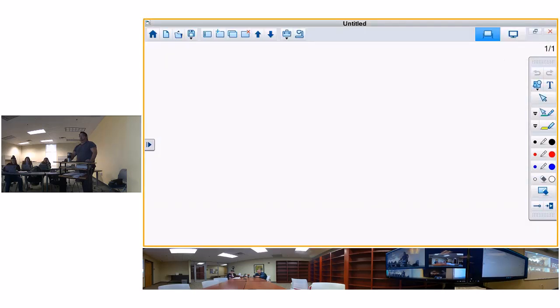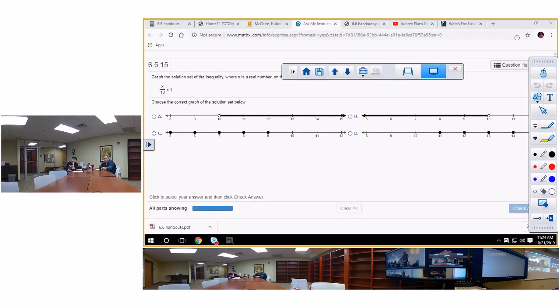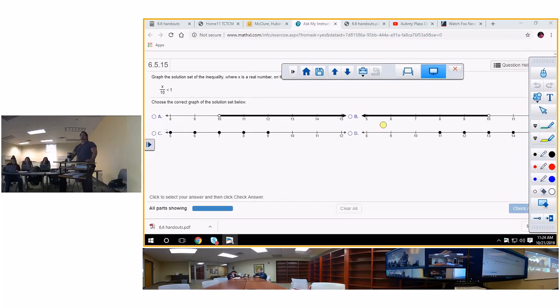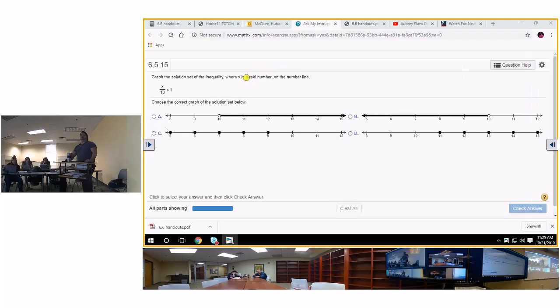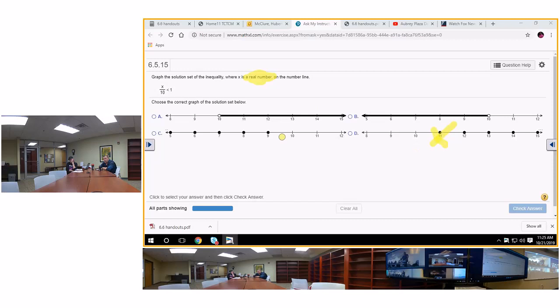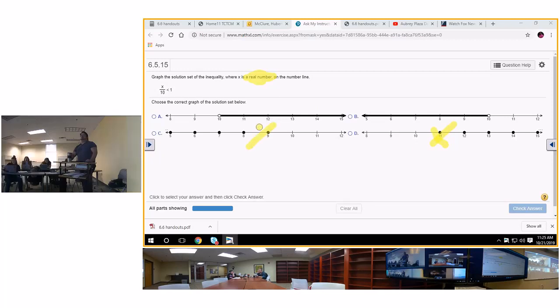Inequality and real number. Real number, yes, real number. So we're going to highlight real number. So that means which number lines can we mark through? The dots, because that's whole numbers. And this is an inequality, which means an open circle. So it's this and this.